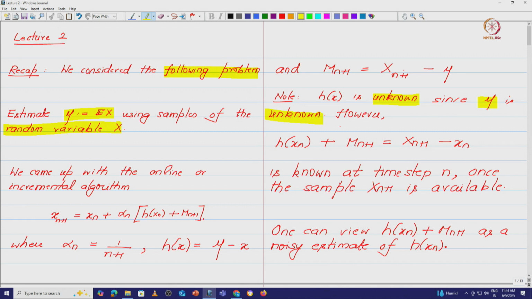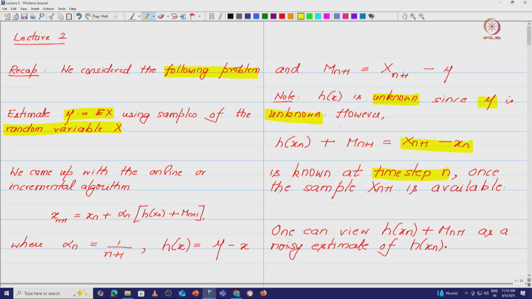However, if you add h(x_n) and M_{n+1}, we get the quantity capital X_{n+1} minus x_n, and this quantity is indeed known at time step n once the sample X_{n+1} is available. So let me again summarize.